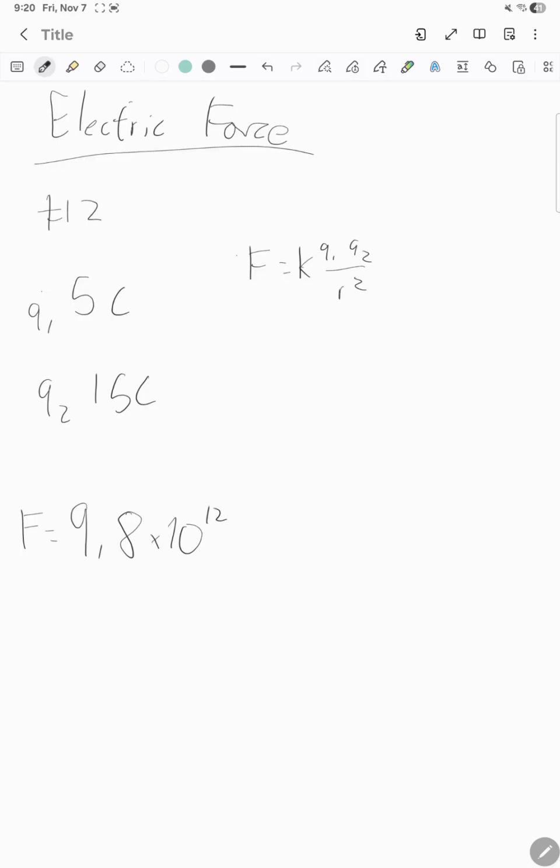But you know F and you know the charges, so you can isolate r by doing F r squared equals k q1 q2, and so r squared will be equal to k q1 q2 divided by F, and so r will be equal to the square root of k q1 q2 divided by F.